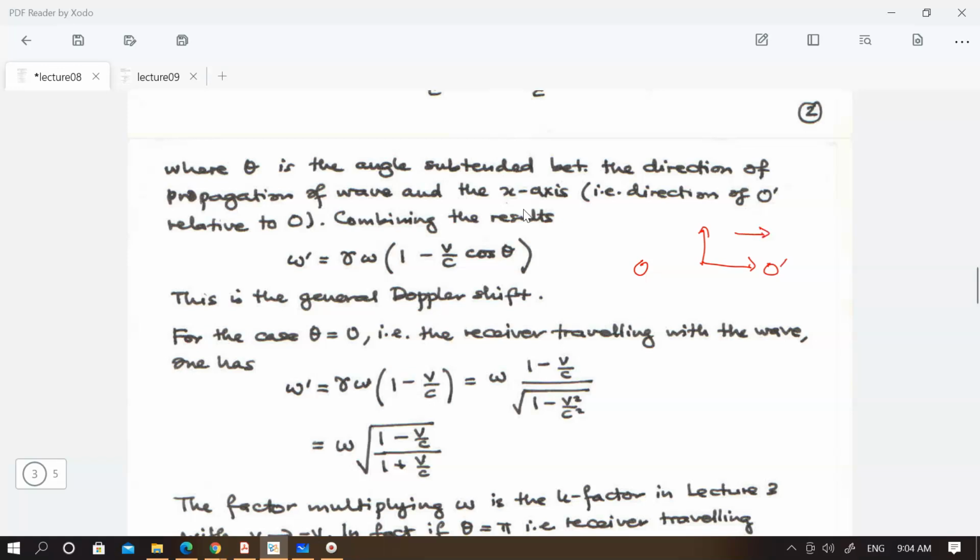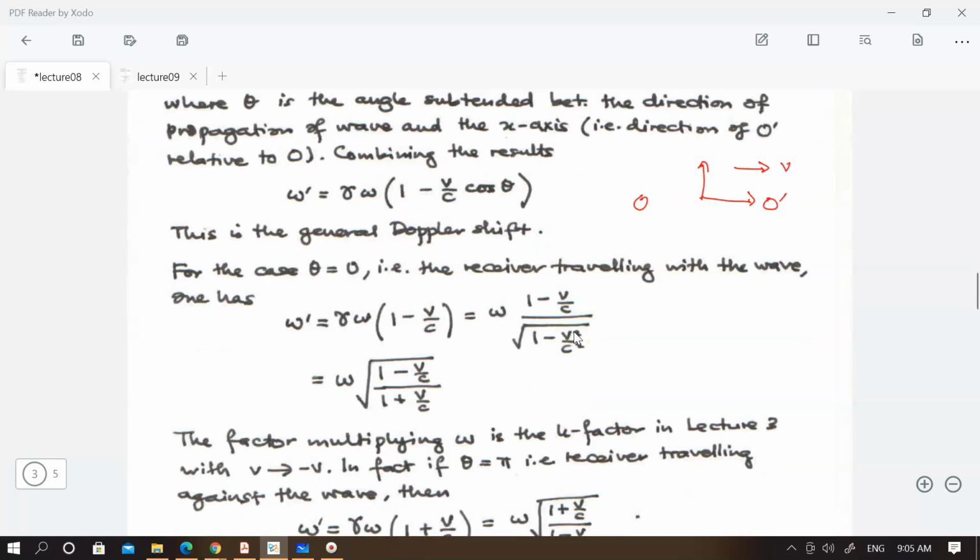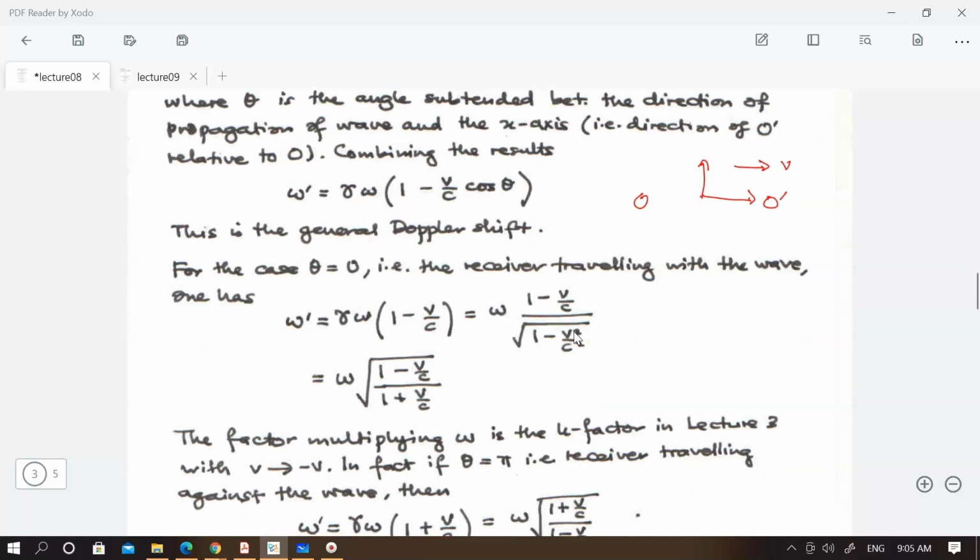Your O dash frame has velocity v. Okay, and then the other thing that one has to remember is that your k will be in some certain direction. So we'll see in a minute when we look at the other equation over here. Here is the case where we have this cos theta coming in from the propagation of your light with respect to a certain axis, in this case the x-axis.